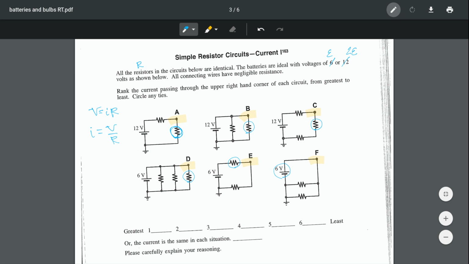Well, if we keep it numeric for just a second, this battery is 12 volts and these are two identical resistors. If I think about the loop rule going around here, I'm going to drop 6 volts across this one, halfway, and 6 volts across that one. These two drops are identical.